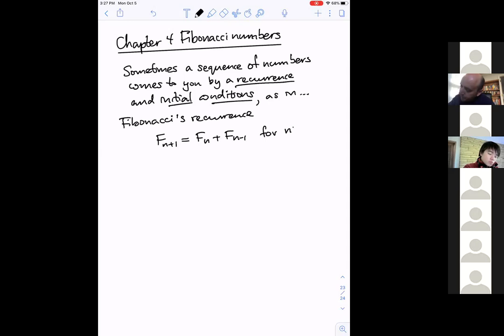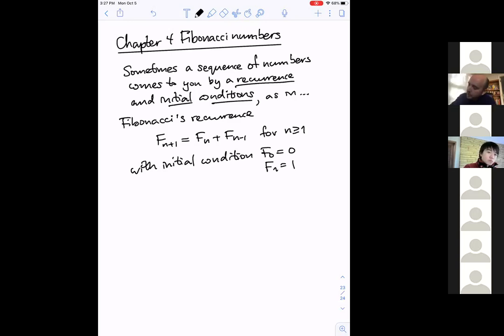This is going to be valid for n greater than or equal to 1 because they start at F sub 0. So the initial condition tells us F sub 0 is 0 and F sub 1 is 1.